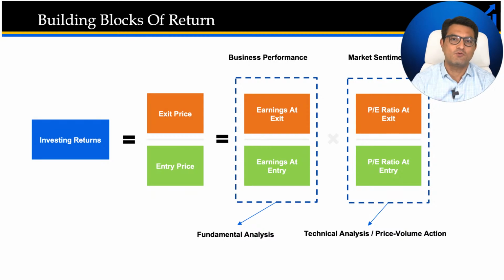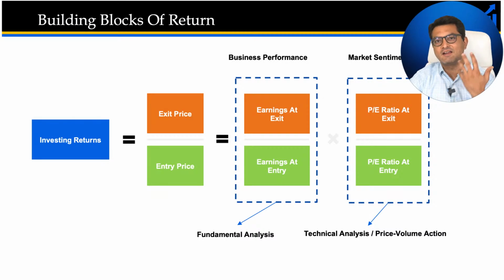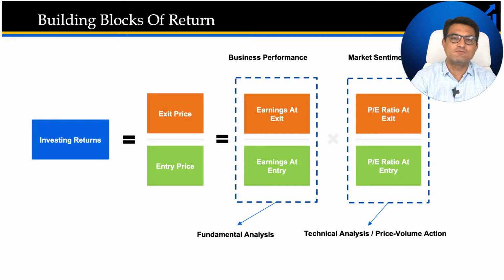One is business performance, like what was the profit per share the company was doing when we bought the shares, and what was the profit when we sold the shares. Meaning, say we entered at 10 rupees earnings per share, and then we exited at 50 rupees earnings per share, which means the business performance increased by 5 times during the holding period of our share. And then the other side is sentiment.